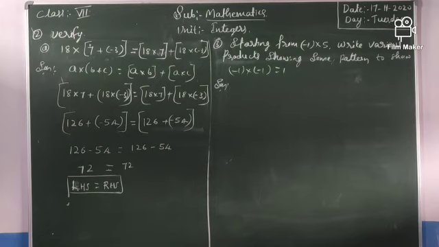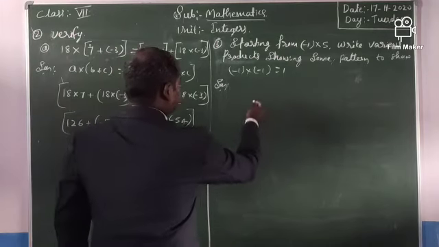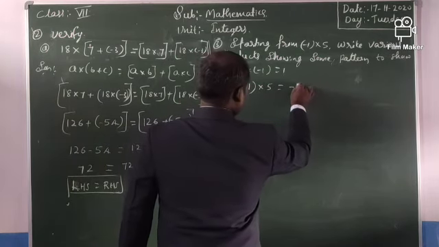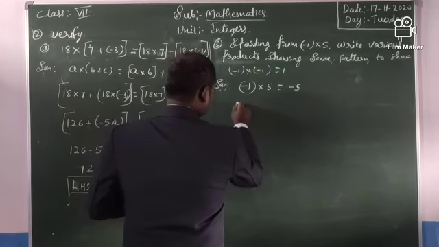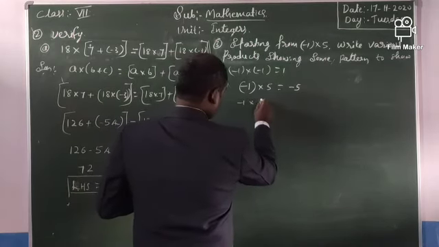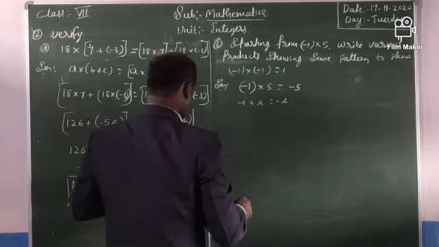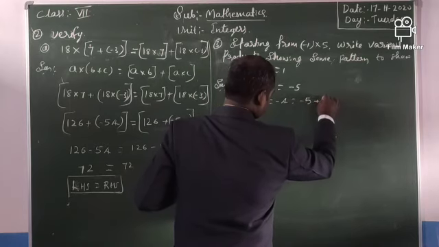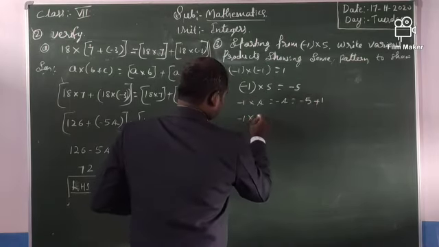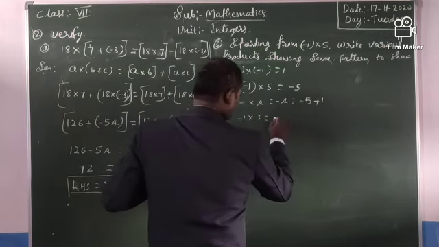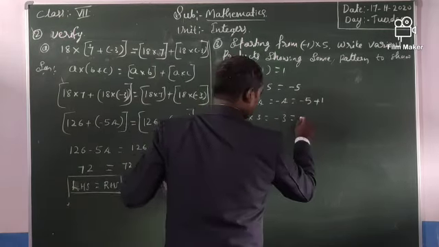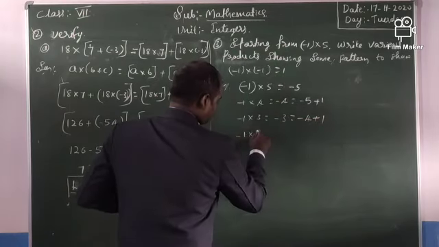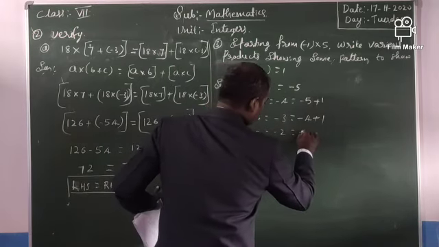See here, starting from minus 1 into 5, which is equal to minus 5. Okay, next minus 1 into 4, which is equal to minus 4. Minus 4 you can write as minus 5 plus 1. Next, minus 1 into 3, which is equal to minus 3. We can write minus 3 as minus 4 plus 1. Next, minus 1 into 2, which is equal to minus 2, which is equal to minus 3 plus 1.